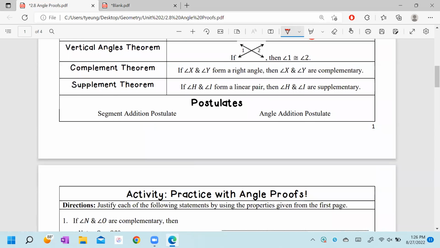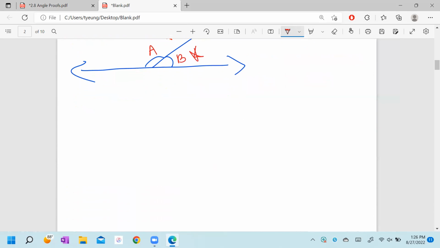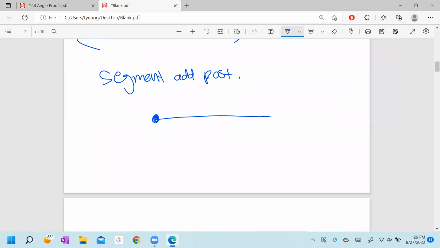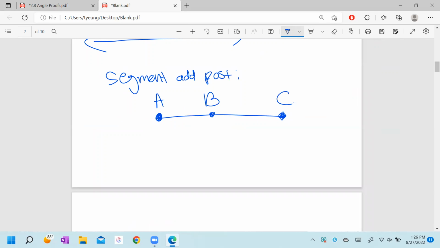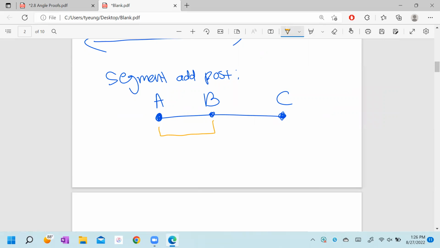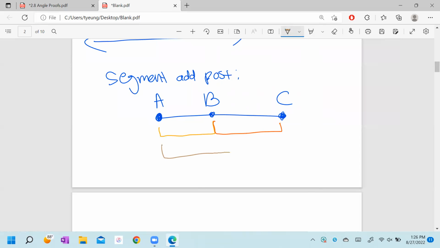Okay. Lastly, you just have your postulates, right? Segment addition postulate. This says that if you have a line segment like this, we have A, we have B, we have C, then segment AB plus segment BC is equal to the whole thing.